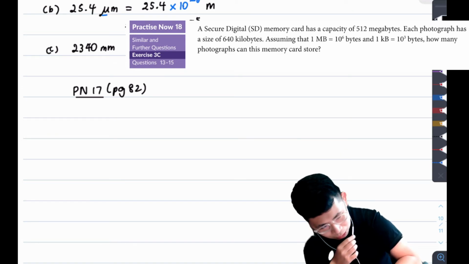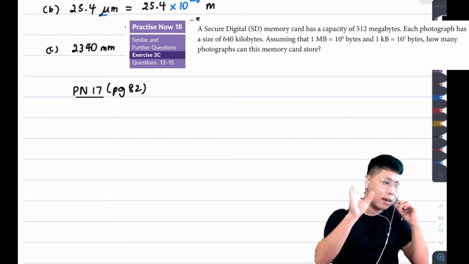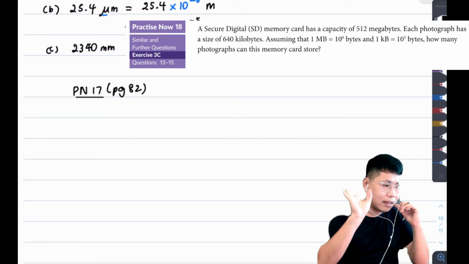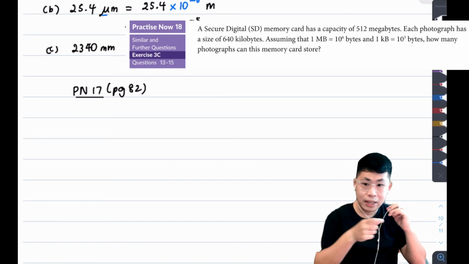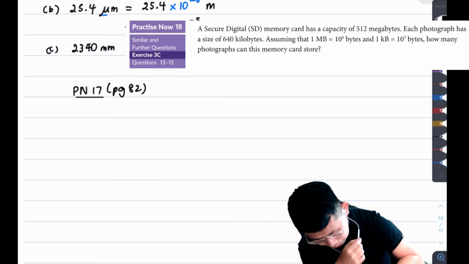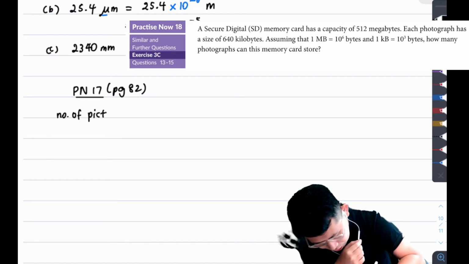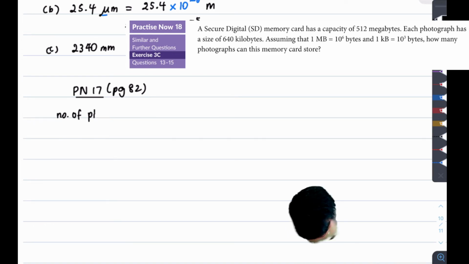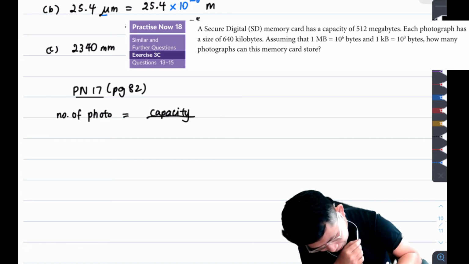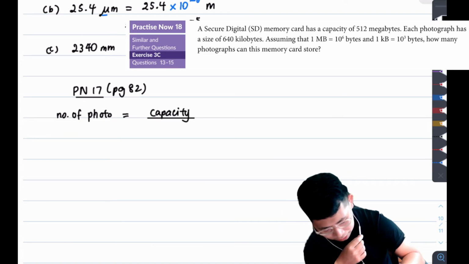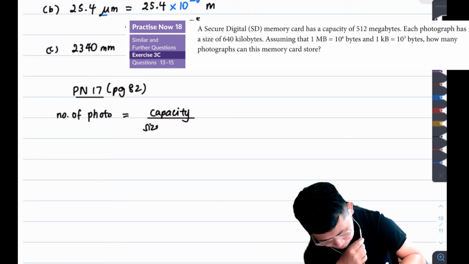So what we're going to do here is take the capacity divided by each photograph. So the number of photos is equal to the capacity of the SD card divided by the size of each photo.